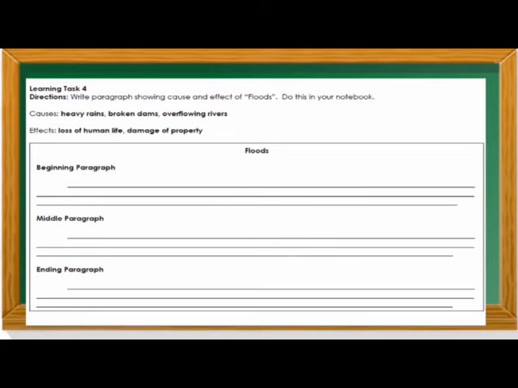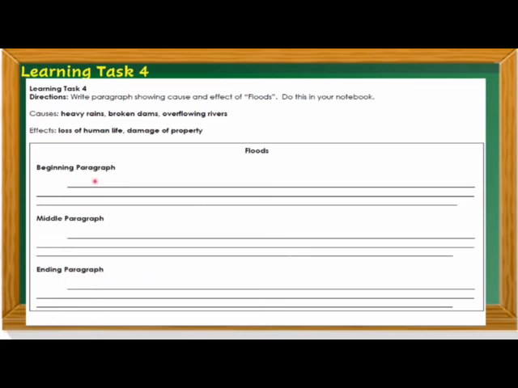And for learning task number 4, write a paragraph showing cause and effect of floods. Do this in your notebook. Here are the causes and the effects. You must have the beginning paragraph, the middle paragraph, and the ending paragraph or sentence.